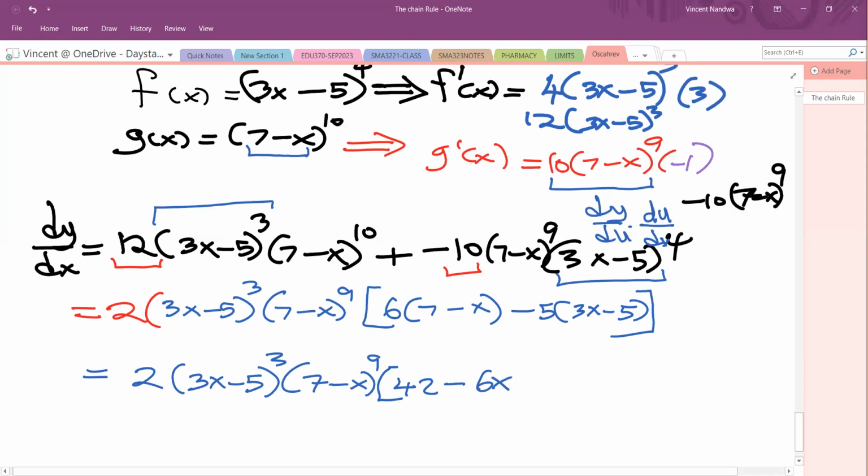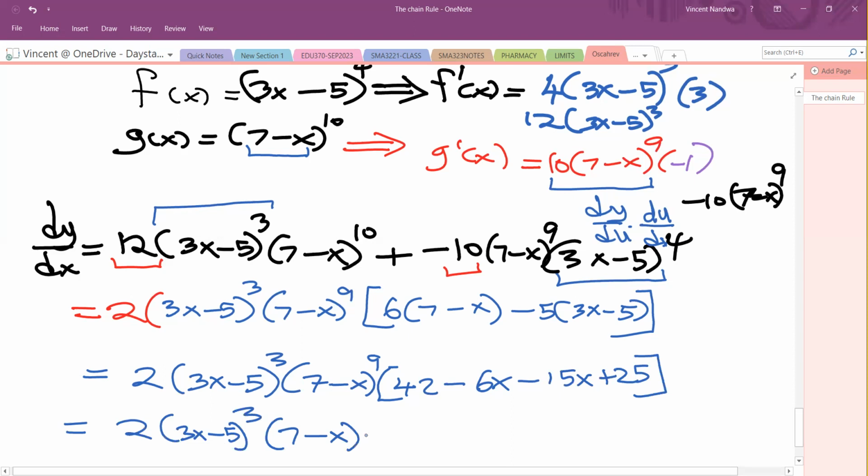Correct. Minus 5 times 3x. And then minus 5 times minus 5, plus 25, correct. Okay? So this will give us 2 into 3x minus 5 power 3 into 7 minus x power 9. Let's collect like terms, 42 plus 25.